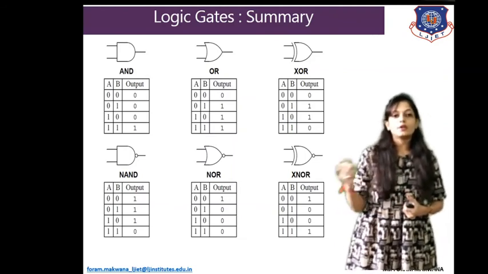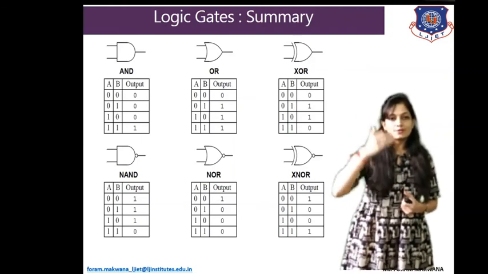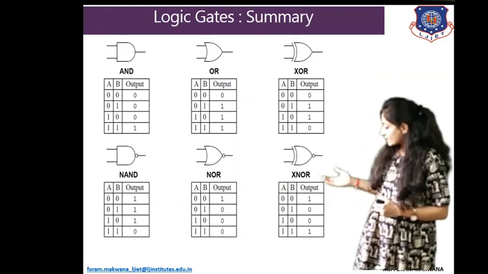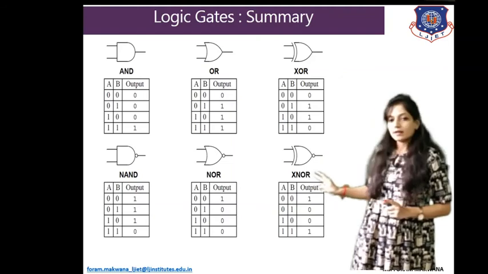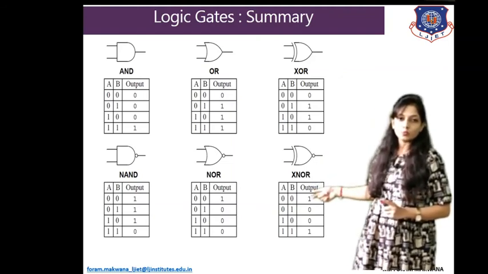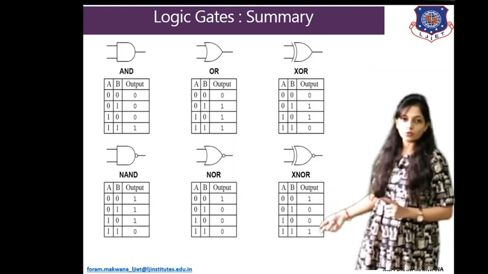And XNOR is derived from the XOR with NOT gate. For XNOR, if two inputs are the same, then output is equal to 1, in the first case and the fourth case.